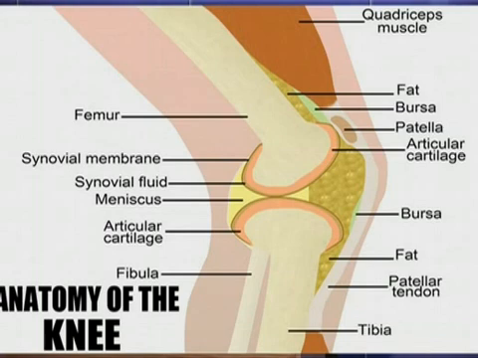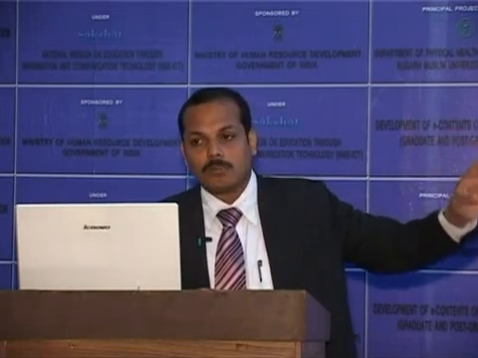You can see in this picture the articular facet of the patella in the femur and the articular facet of the patella here. The articular facet for the patella in the femur is triangular in shape, with medial and lateral lips and a central groove.